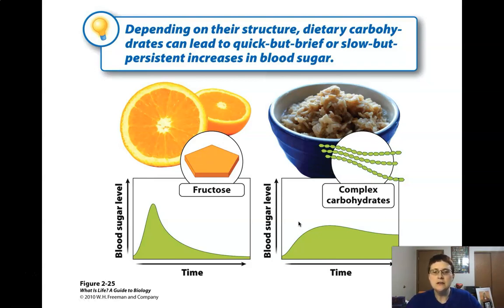And so take a look at what happened. So what happened after consuming just fructose to the blood sugar level? And then what happened to the blood sugar level after eating something that was made out of complex carbohydrates? So describe what happened in each of those instances.